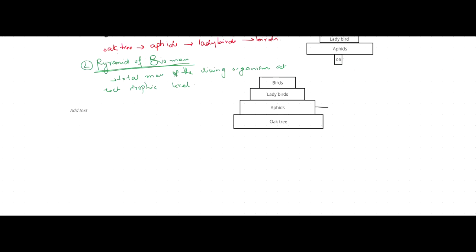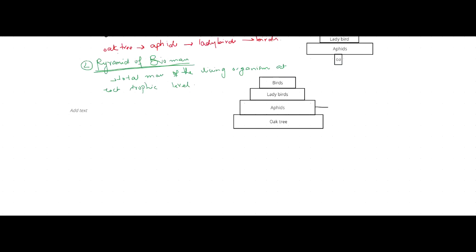Because by the time, for example, let's say that the bird is being eaten by a cat. It's a sparrow. The sparrow is being eaten by a cat, for example. At this point, the amount of energy that the cat is receiving is so small that it just cannot sustain another consumer.